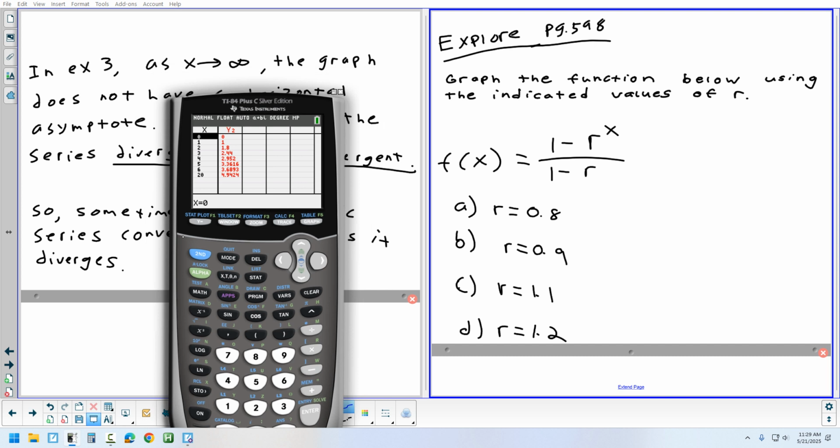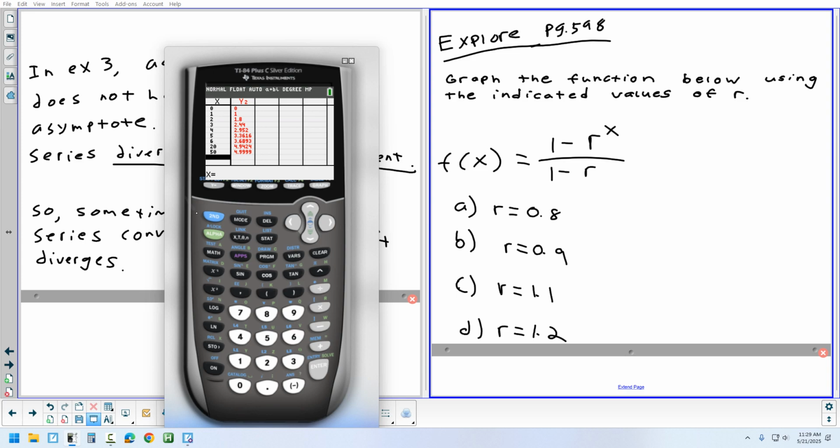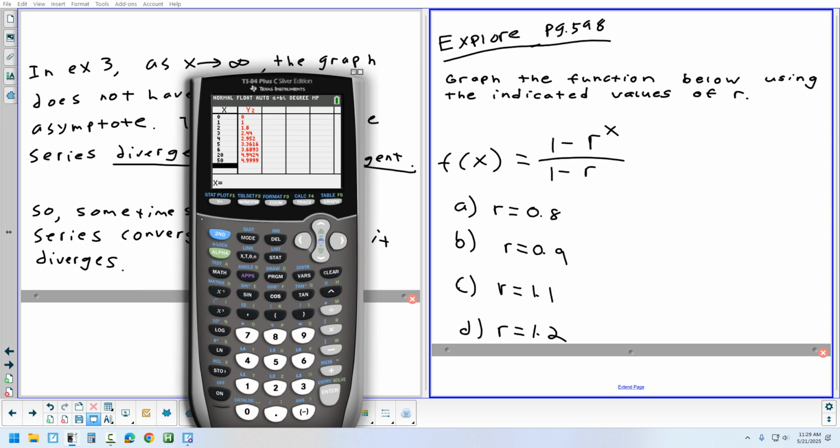And look at what happens if we start adding up terms in the sequence. Let's even go up even higher. Let's add up to the first 50. Does it look like when r is 0.8 that the sum is converging or diverging? Diverging?